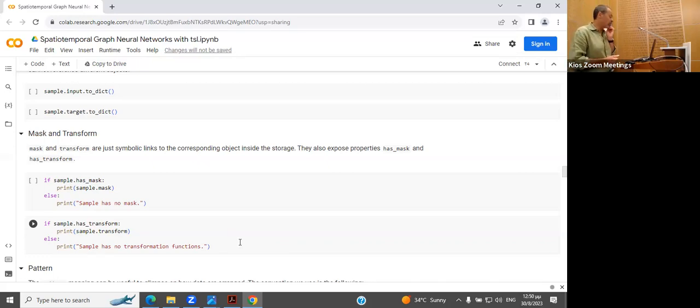Nowadays people talk about physics-informed neural networks, the very same concept in a way. We know that there is some physics, the mass and the energy must be preserved. There are some equations that your system has to satisfy. Those are constraints.